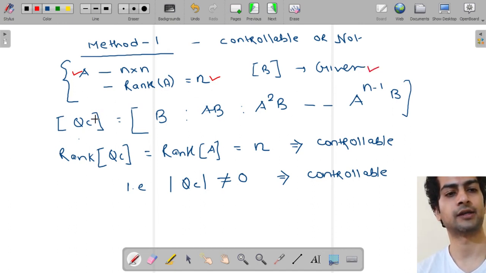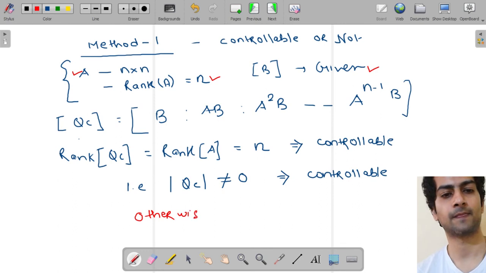Then you have to form a controllability matrix in this form: B, AB, A square B up to A to the power n minus 1 B, where n is the order of A. Now if the rank of QC is equal to the rank of A, which is equal to the order n, then it is controllable. In other words, if the determinant of QC is not equal to 0, then it is controllable. Otherwise, it is not controllable.